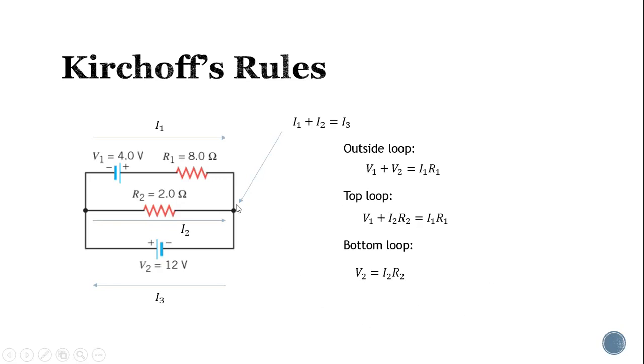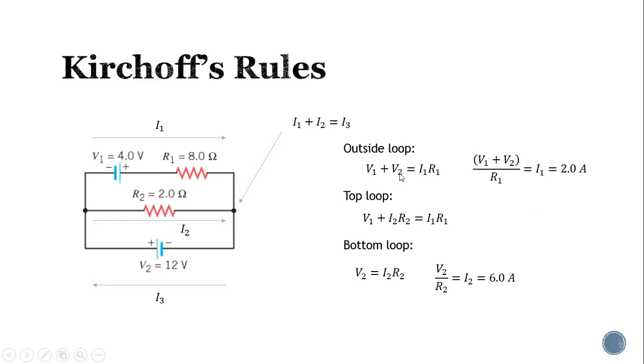So what I've created now is a series of equations. Actually, I have four equations. I can solve them for the three unknowns. So what I'm going to solve first is the bottom loop one, because it's the simplest of the ones. If I divide both sides by R2, I find the current going through here must be 6 amps.